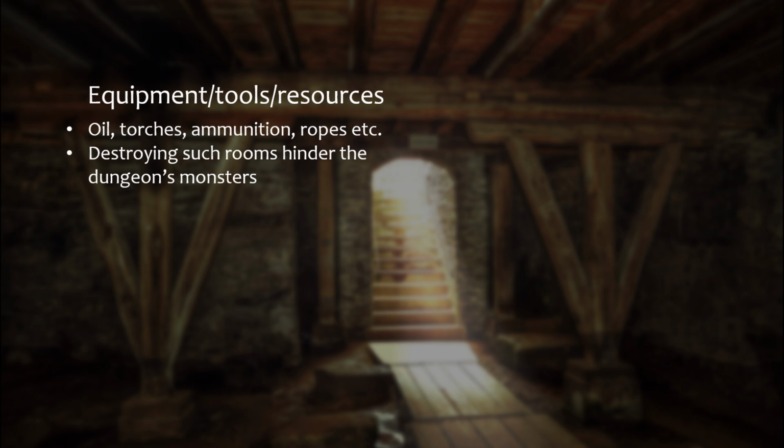Building materials such as lumber, nails and cement can be used to barricade a room to make it safe. Mining equipment can be used to dig for precious stones or clear blocked tunnels. Many dungeon denizens will have a use for such tools and equipment, and these are often overlooked. Characters may even wish to destroy such storerooms to cause trouble to the dungeon denizens.